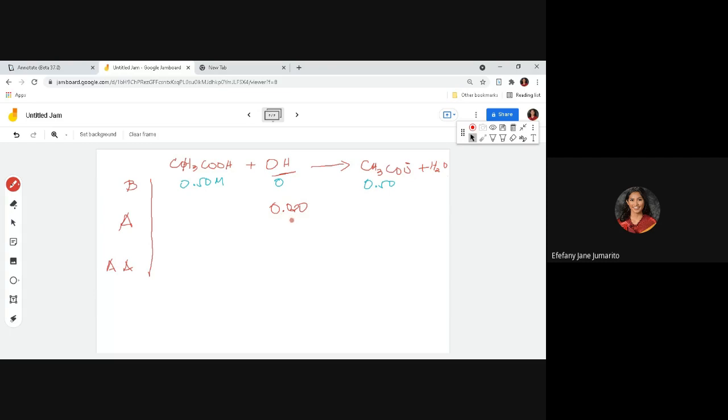So what will happen is 0.020 mole of OH will react to CH3COOH. So after addition, we will have, okay, this one will be minus 0.020. This is addition.